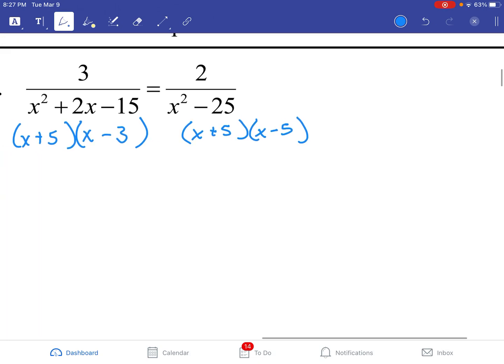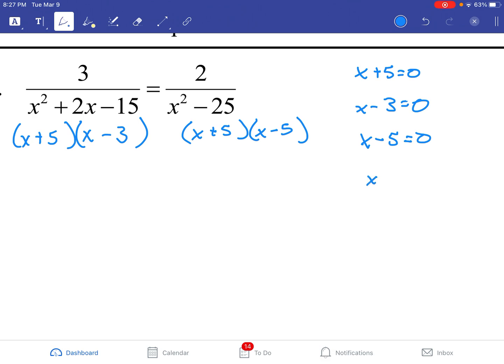So we have x plus 5 equals 0, x minus 3 equals 0, and x minus 5 equals 0. Those are the three different factors we have in our denominator. If we solve them all, x cannot equal negative 5, positive 3, and positive 5.